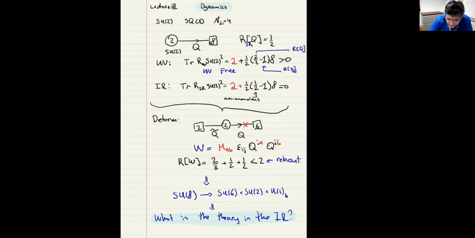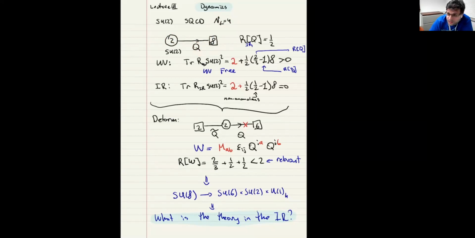I remind you that F equals 4 in general means that we have 4 fundamentals and 4 anti-fundamentals. However, since we have an SU(2) gauge group, fundamentals and anti-fundamentals are basically the same representation. So the theory that we have is SU(2) gauge theory with an octet of fundamental fields, which we will denote by Q.